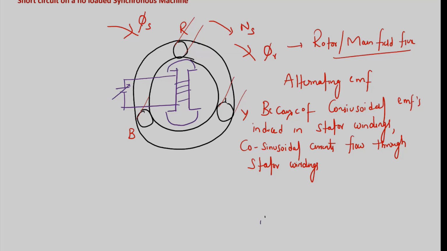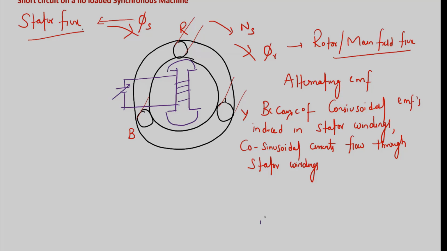Why are we calling it stator flux? This is because of the cosinusoidal currents flowing through the stator windings. This flux is generated, and it is called stator flux.